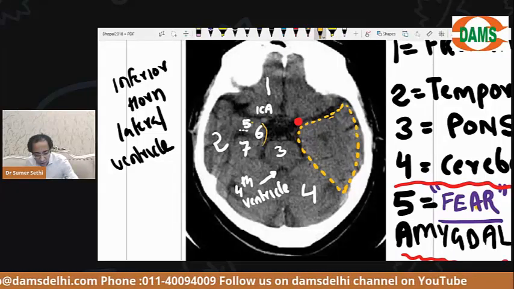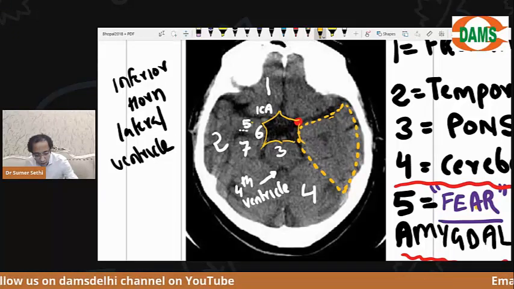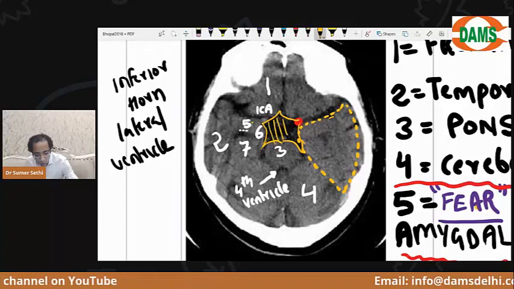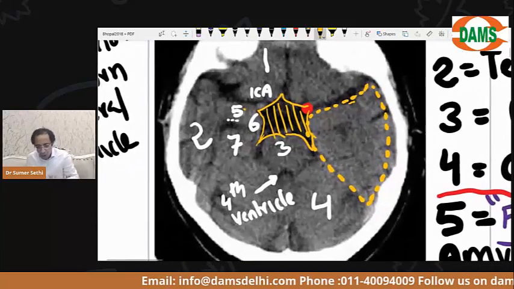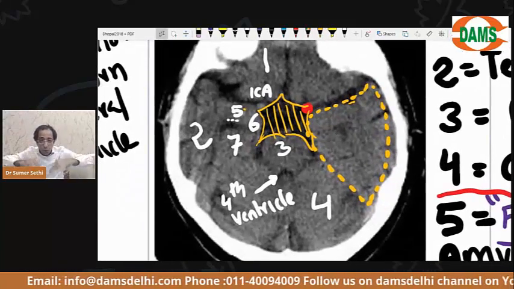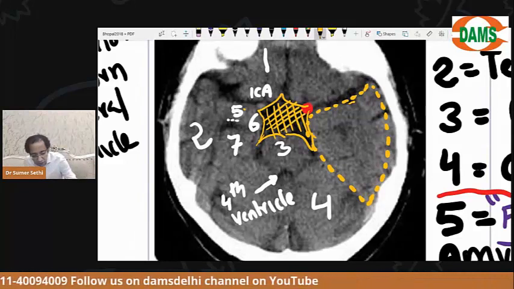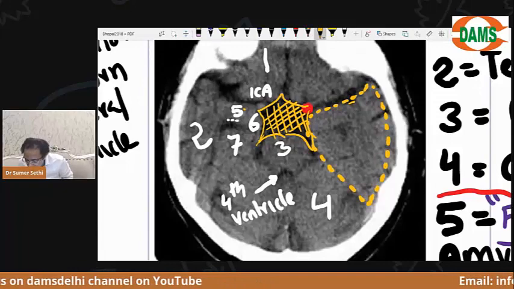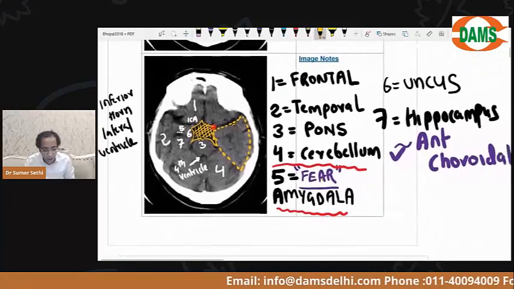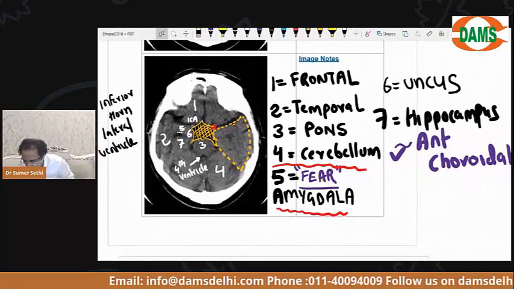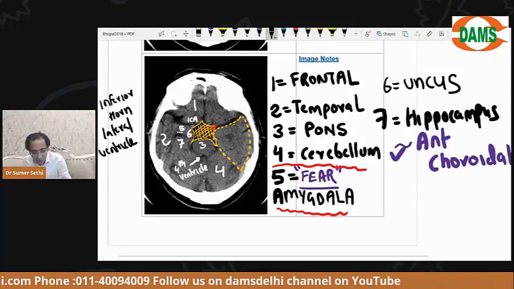Now let's see if you can answer. What is the CSF space located anterior to the pons, posterior to the frontal lobes, medial to the temporal lobe? Can you see the star-shaped CSF space here? Listen to me.